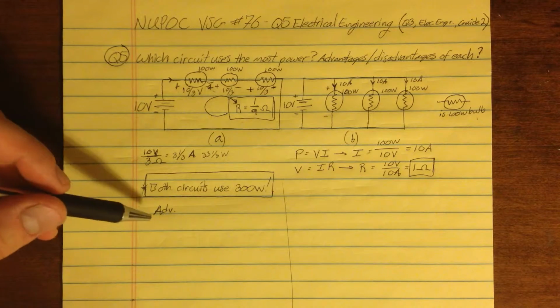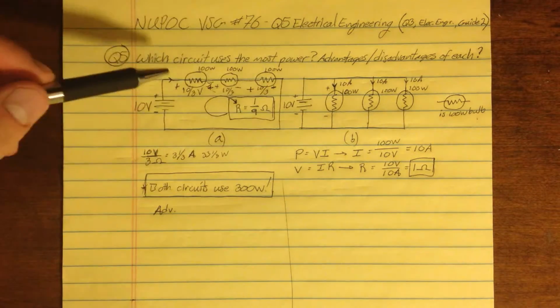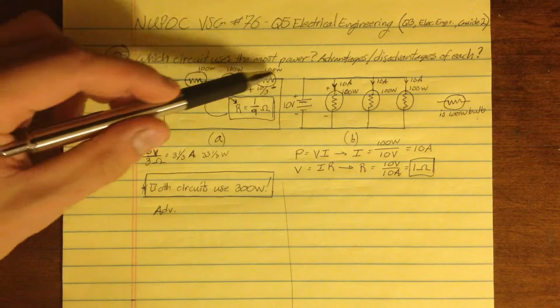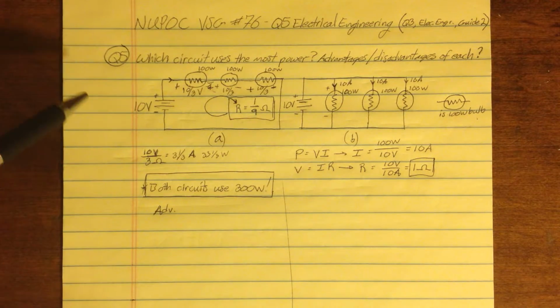Let's talk about the advantages and disadvantages of each of these circuits here, if we have each of these as a 100 watt light bulb.